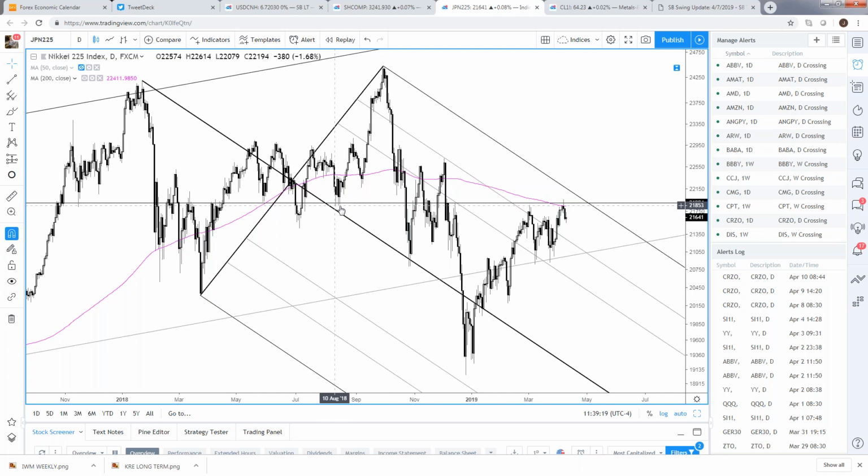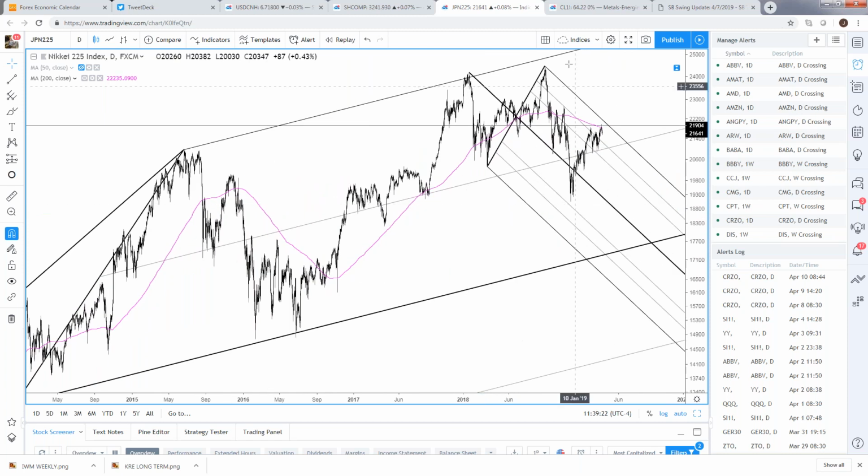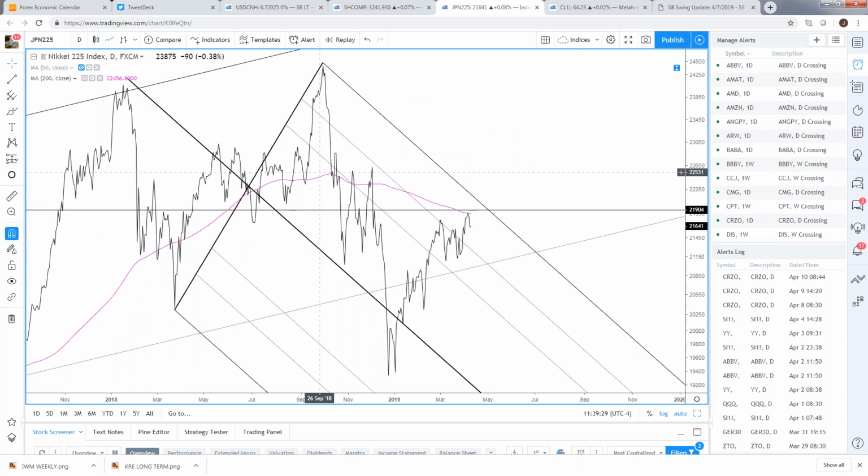August support. You do have a 3-wave down from the highs here in October. This to me is a complex correction higher though, so everything would seem to be corrective. 1, 2, 3, 4, 5, 6, 7, right? In Elliott, we label that ABC, X, ABC.